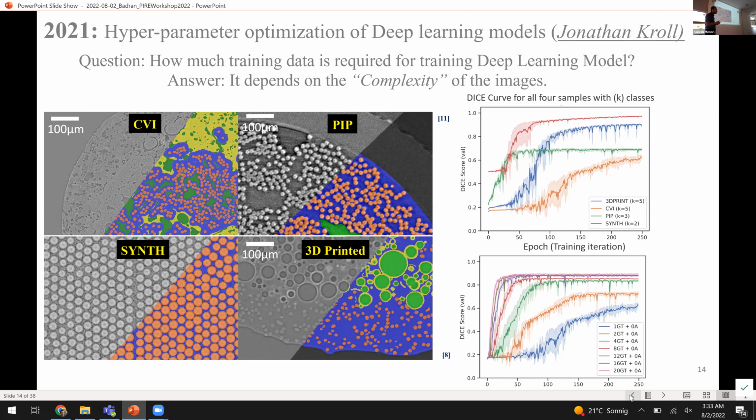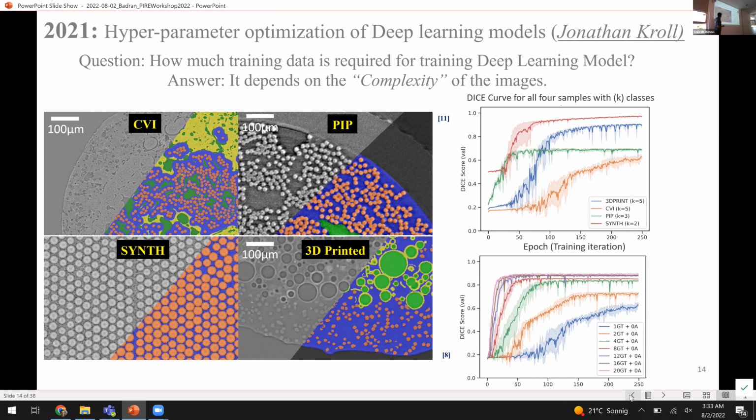And for every one of these images, we ran about 125 models to understand how many training images are needed. And the answer is not as satisfying, but it makes more sense: you need as many images as depends on the complexity of a sample.